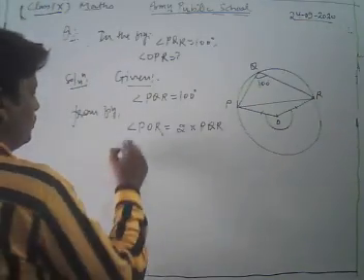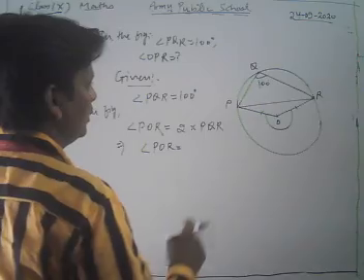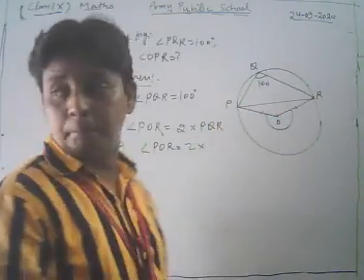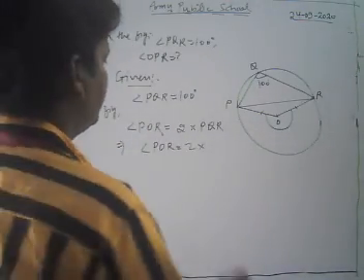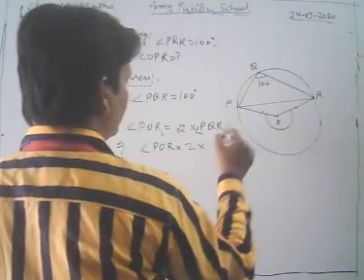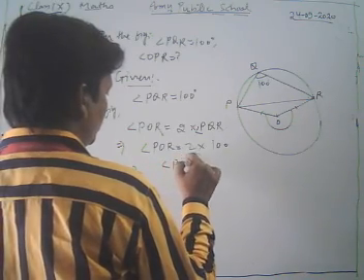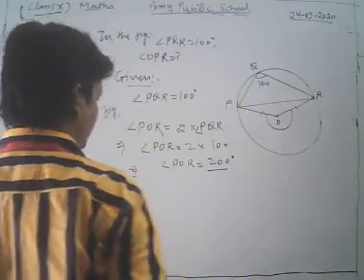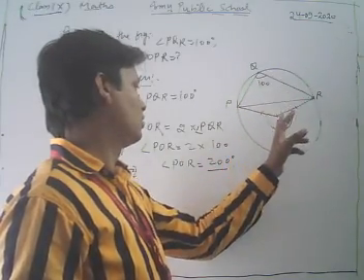So we have angle POR is equal to 2 times angle PQR. What is the value of angle PQR? Angle PQR is 100. So in this way we get angle POR is equal to 200 degrees. So in this way, dear students, we find angle POR.